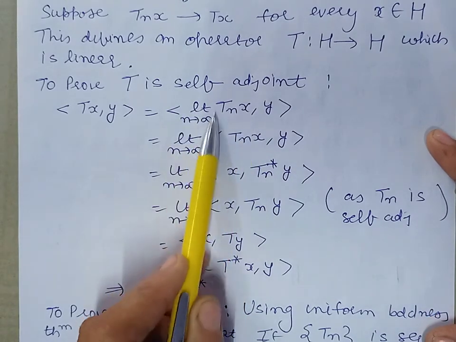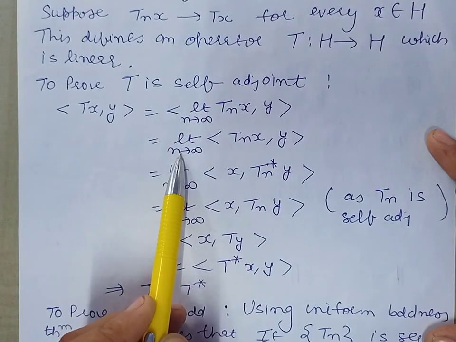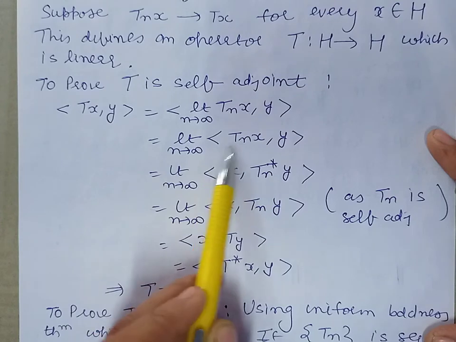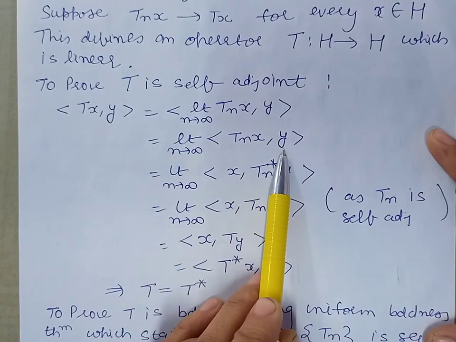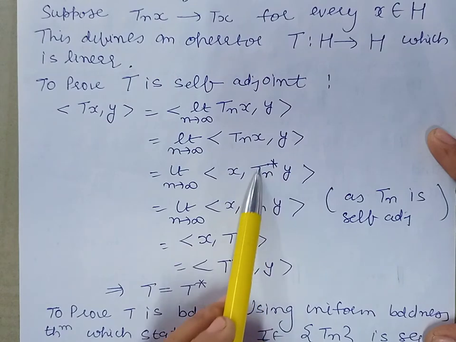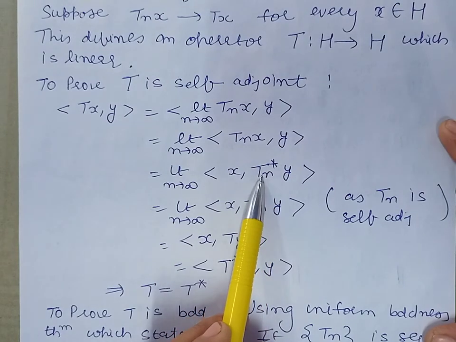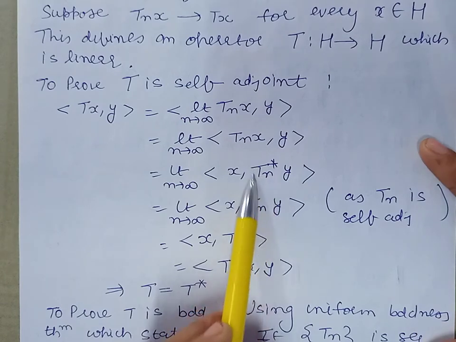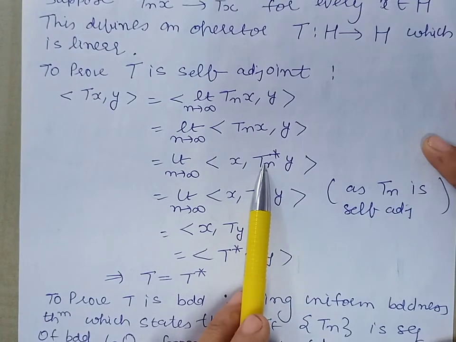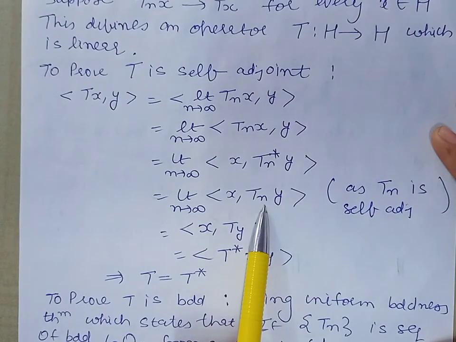Now this limit can be taken outside of inner product, so this will become limit of inner product of Tnx with y. Now if we take this in the second argument, this will become Tn star, but because Tn is self-adjoint, its adjoint will be identical with itself. So Tn star is the same as Tn.